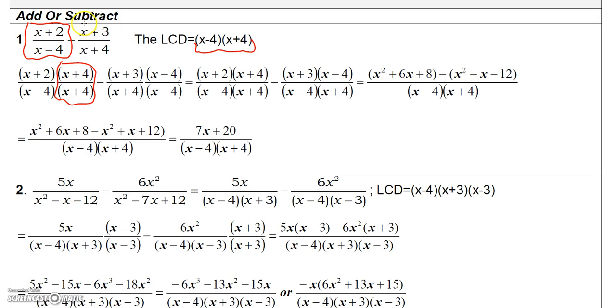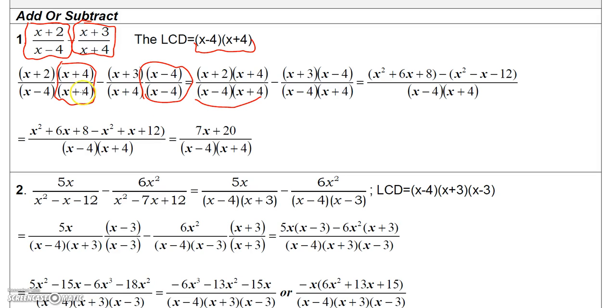Okay, and then for the second fraction, since I'm missing the x minus 4, I'll multiply this fraction by x minus 4 over x minus 4. Now again, don't multiply the denominators together. Just carry the x minus 4 and x plus 4 to the next term.